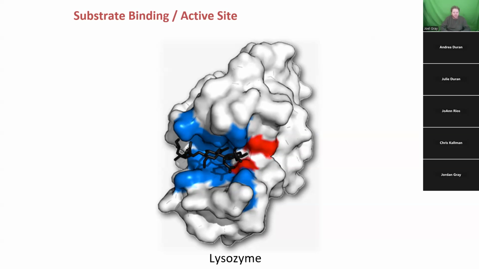I'm going to say white, and then what other colors indicate parts of our enzyme? Okay, we've got red and blue.